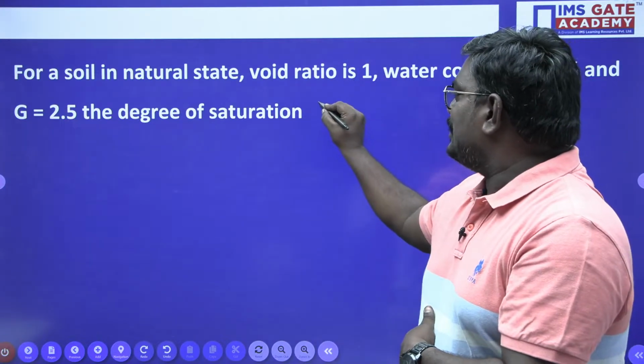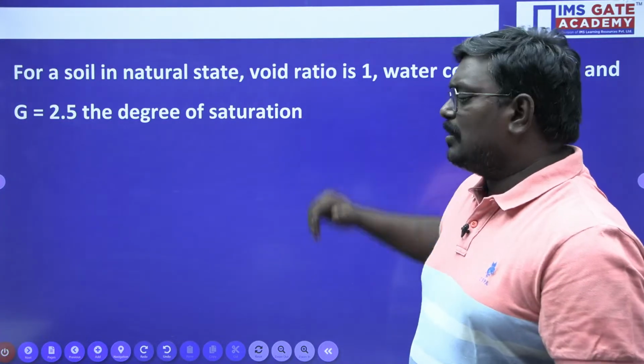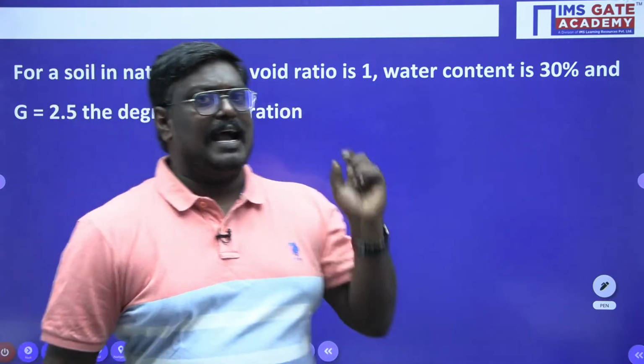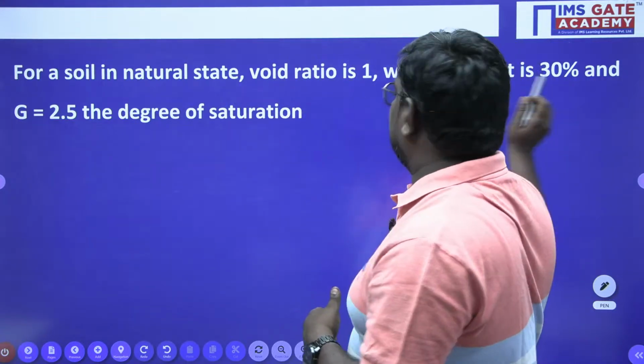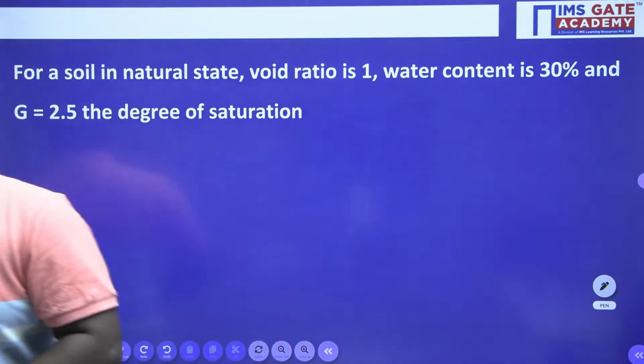Calculate the degree of saturation. It is quite simple, students. Please give a try. They have given everything in the problem. What is the degree of saturation? Please solve that problem.